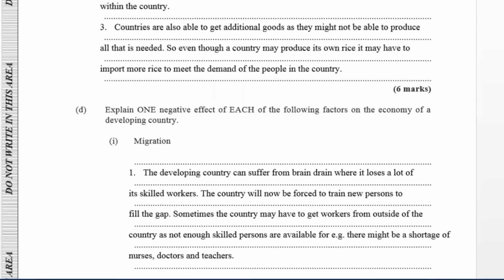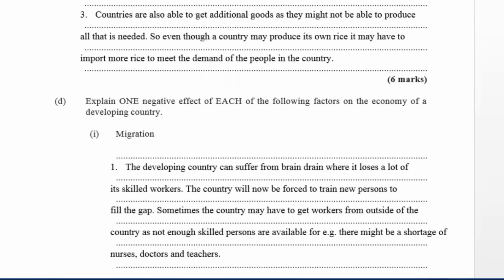All right, let's see what I have here. It says the developing country can suffer from brain drain, where it loses a lot of its skilled workers. The country will now be forced to train new persons to fill the gap, and sometimes the country may have to get workers from outside of the country, as not enough skilled persons are available. For example, there might be a shortage of nurses, which happens quite often in my country.